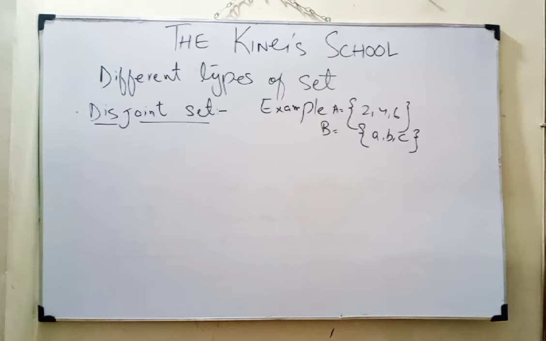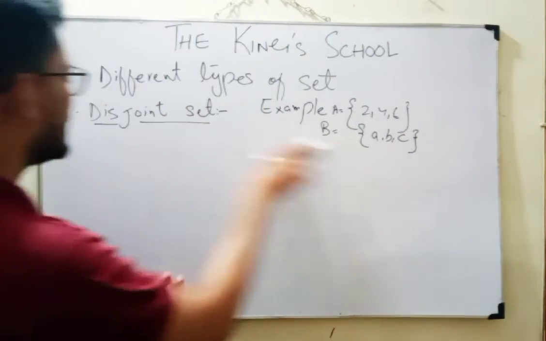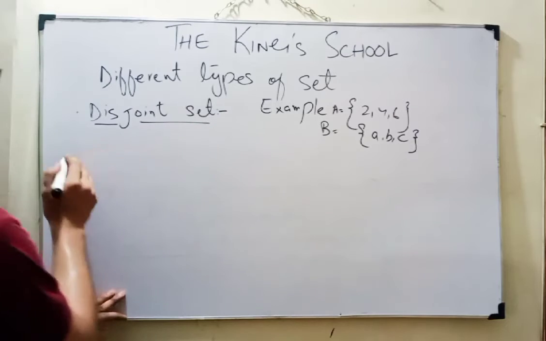So we can say that these two sets have no common element, so we can call this a disjoint set.